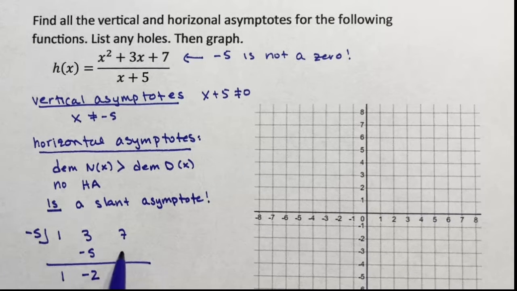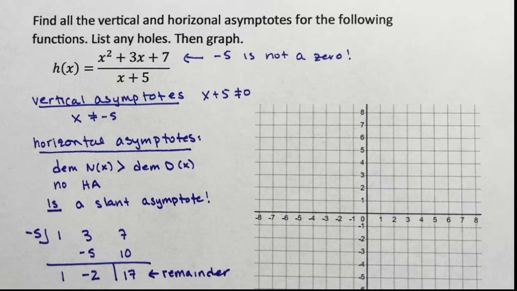Add down and multiply. Add down. This being our remainder. And because this is x squared, we end up with x minus 2 plus 17 over x plus 5. This is another way we could write h of x.